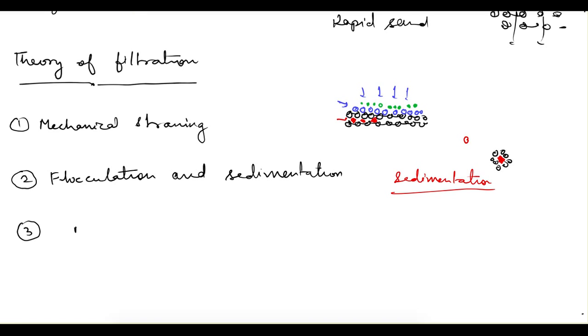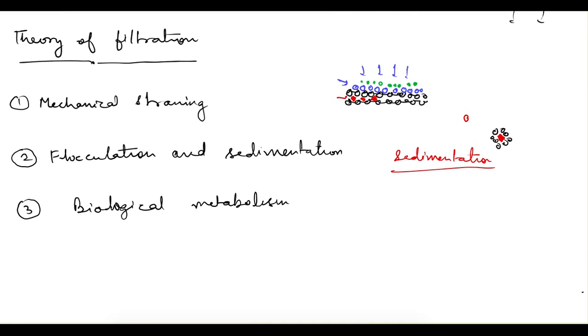After that, the third one is biological metabolism. The water contains some microorganisms. This water which is coming will contain some microorganisms, and these microorganisms will reside in the voids. In this incoming water, some organic impurities will also come. As they come, the microorganisms in the voids use the organic impurities.